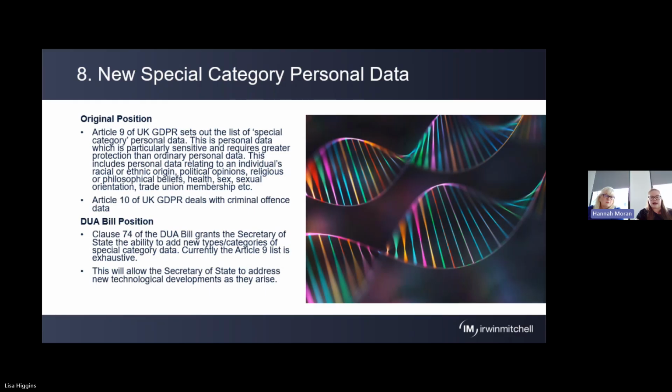The idea behind bringing this provision in is to be able to address technological developments as they arise to ensure personal data can be appropriately protected. If anything else is seen as particularly sensitive, it can be safeguarded.